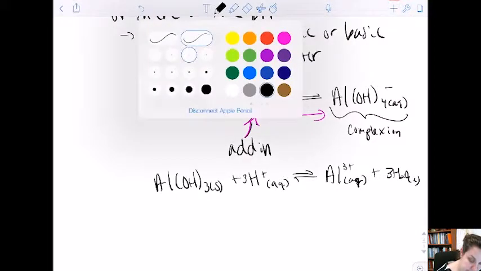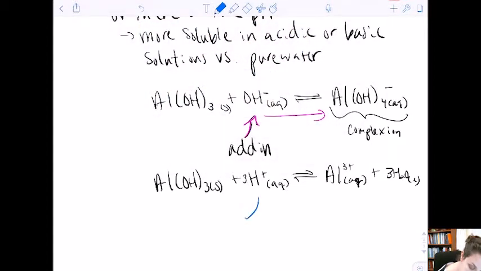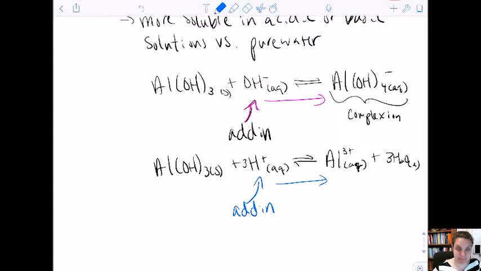So as we add in our H+ ions by decreasing our pH, we're going to shift towards our soluble form of aluminum.